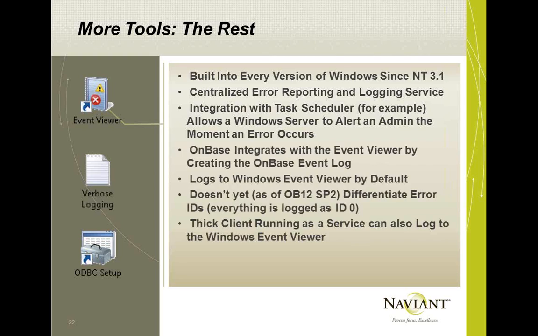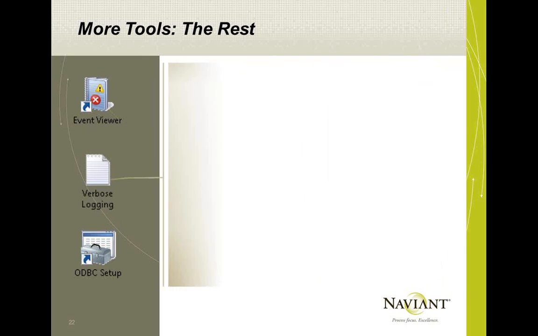The thick client running as a service can log to the event log optionally, and the application server will log errors to the event log by default. Unfortunately, as of at least 12 SP2, OnBase still logs everything as event ID 0, making error state essentially useless, but it can come in handy in a couple of other places. If you're not expecting errors in your event log, you could trigger alerts just on an error occurring at all.